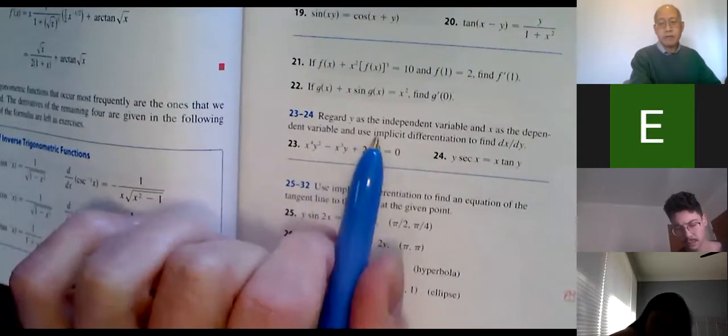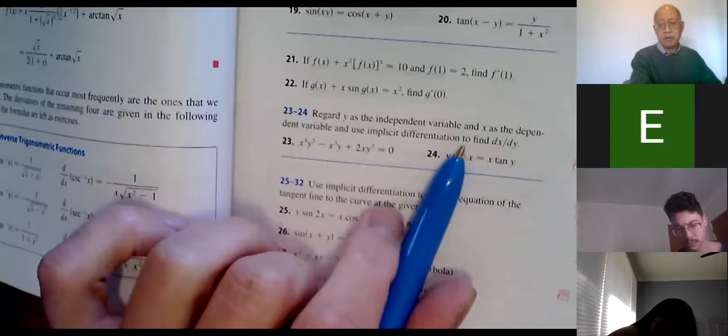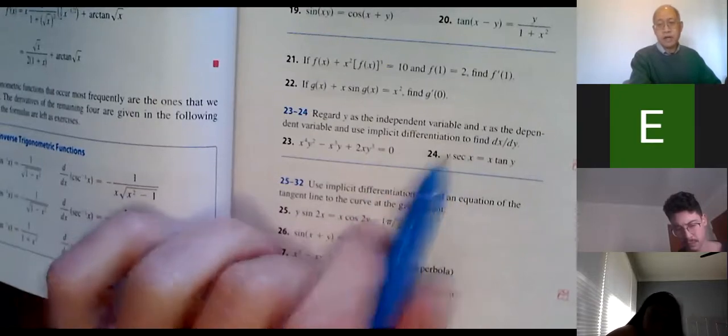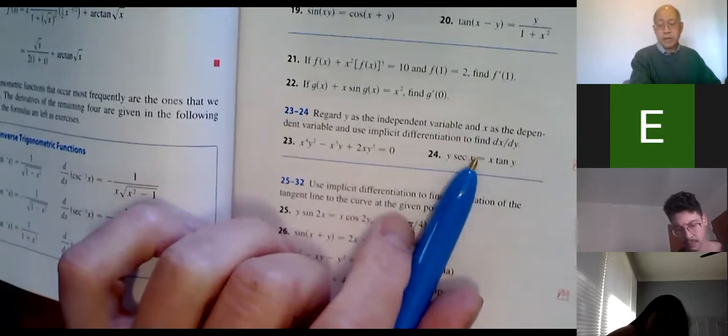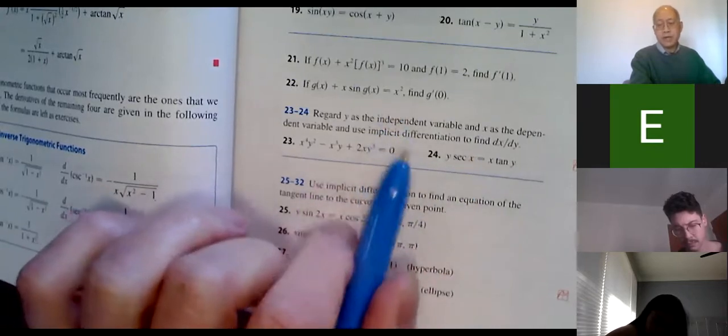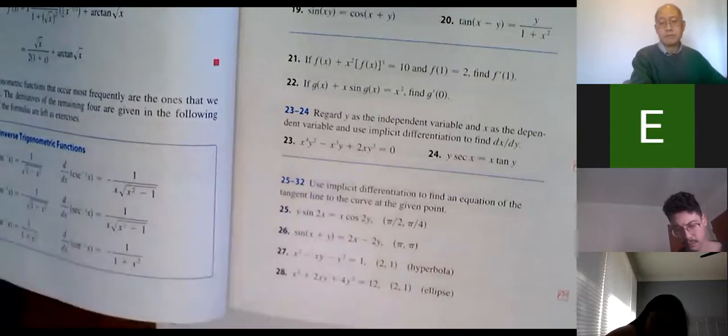Regard y as the independent variable, x is the dependent variable. X is a function of y, and find dx/dy. So you just reverse everything that I taught you about dy/dx for this one problem.